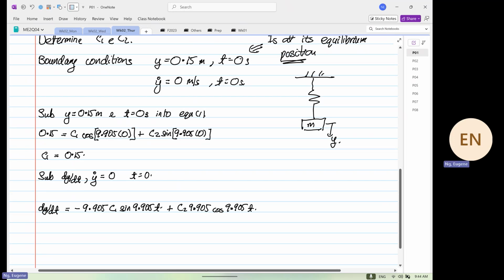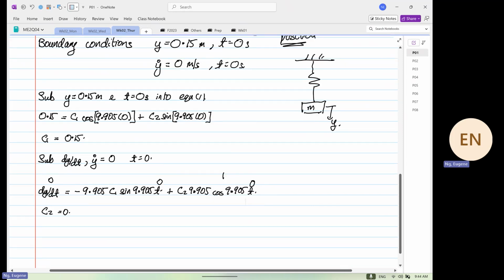And then when we substitute everything in, the left-hand side is 0, the sine is 0, and the time is 0, the cosine is 1, so we realize that C2 will be equal to 0.